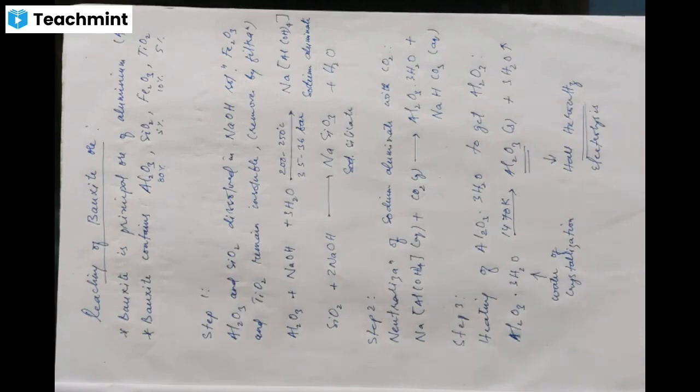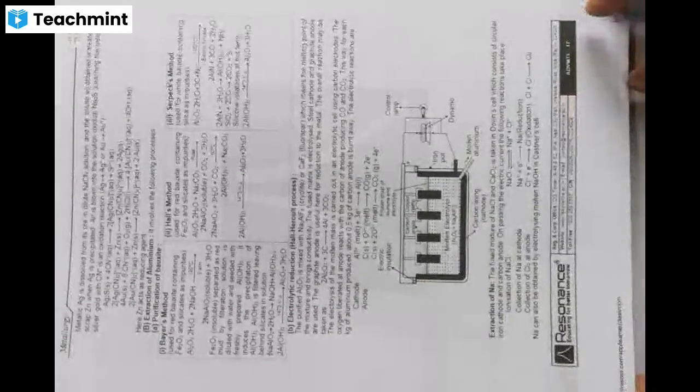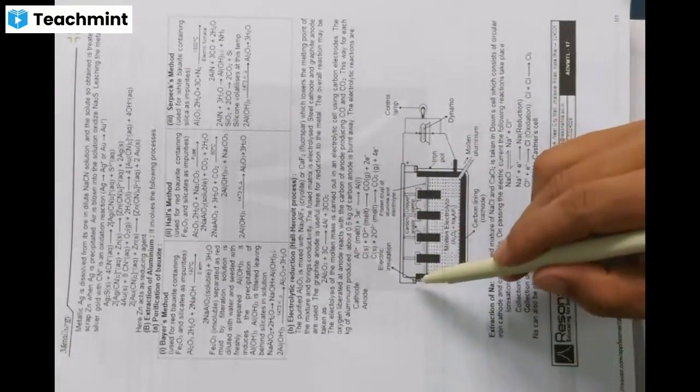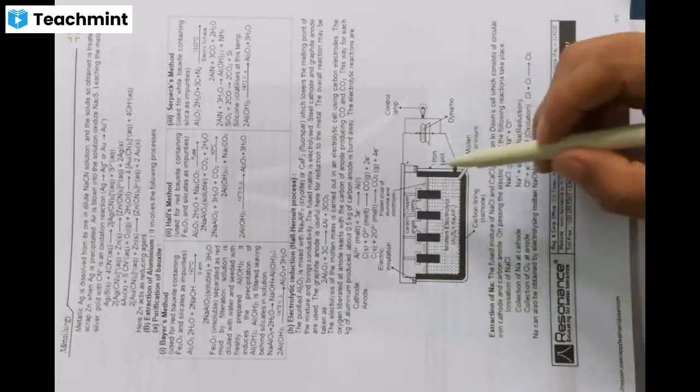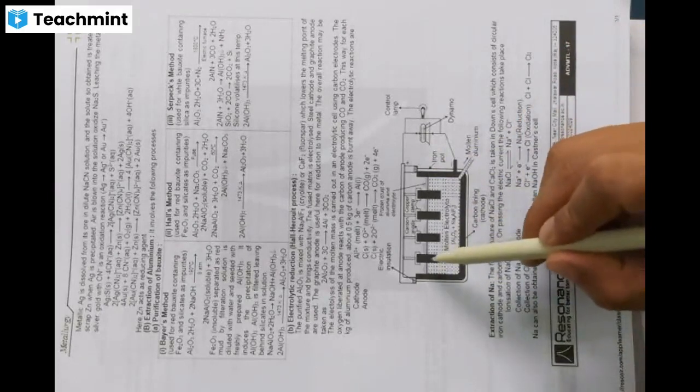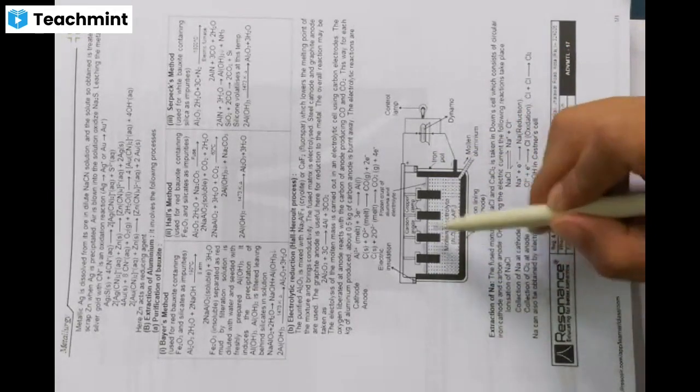Let me check if I have the Hall-Héroult process. Yes, I have. So this is our Hall-Héroult process. So what we have is a metal dome, an iron dome, lined with graphite or carbon, and then we have carbon graphite electrodes.